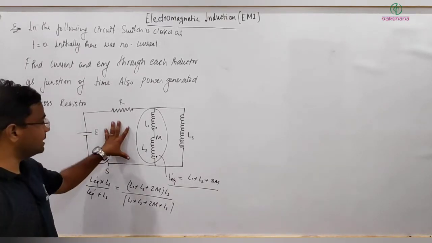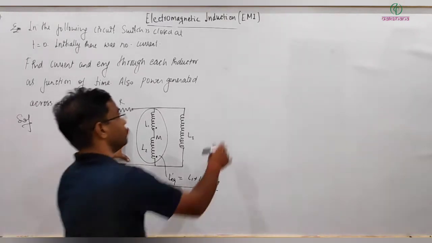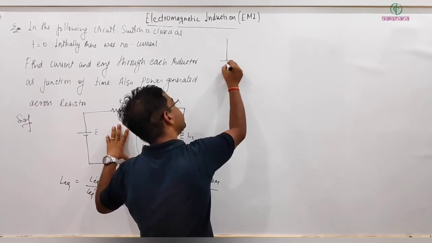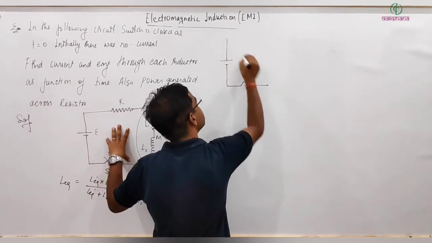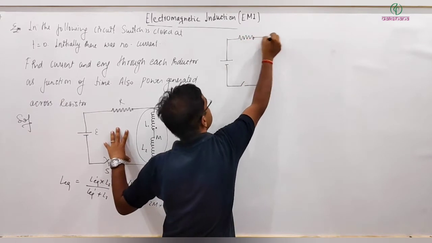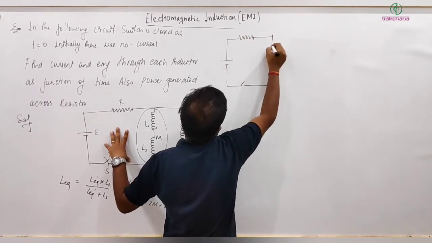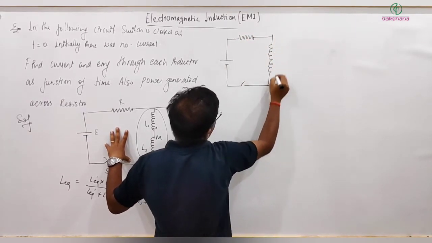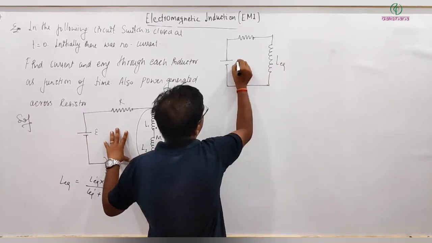Now I can replace this complete system with the battery, switch closed at t is equal to 0, resistor, and this complete L equivalent.